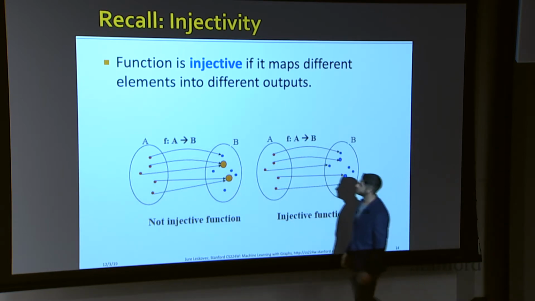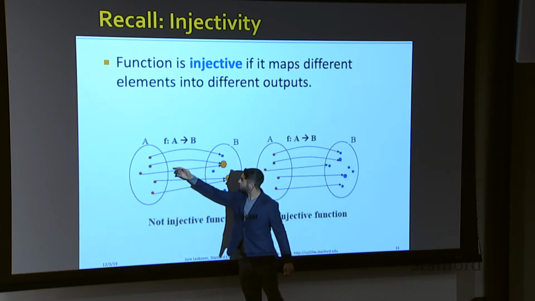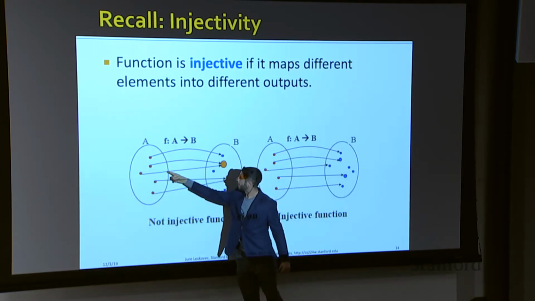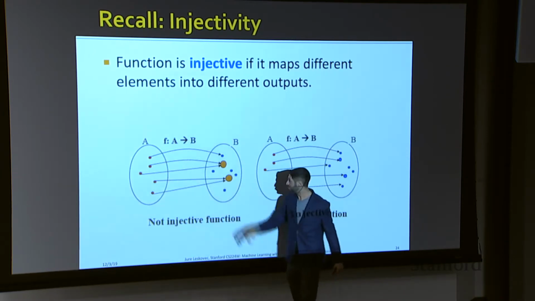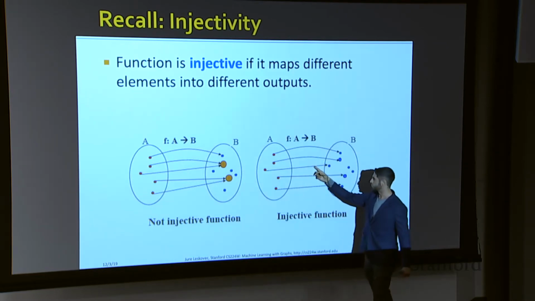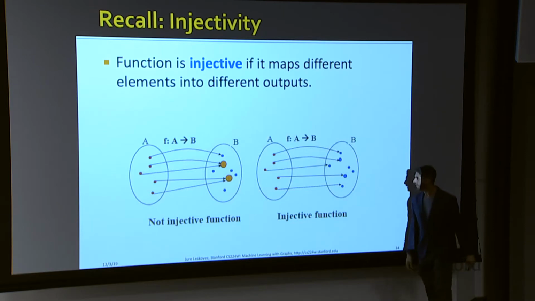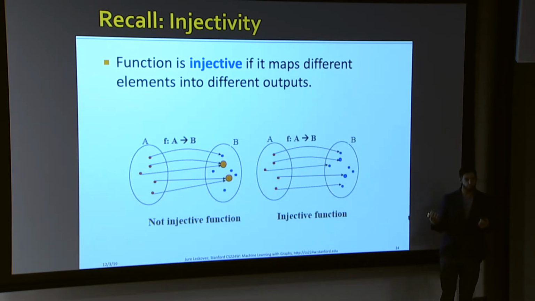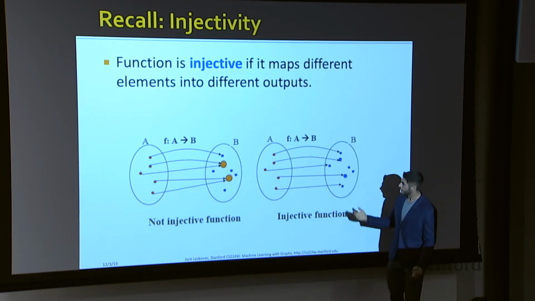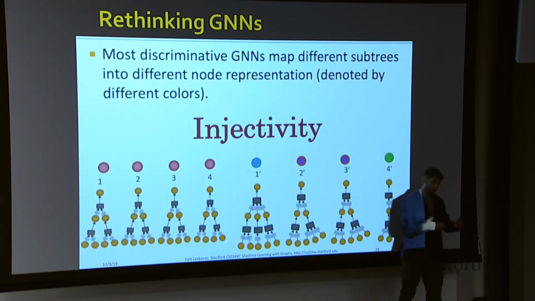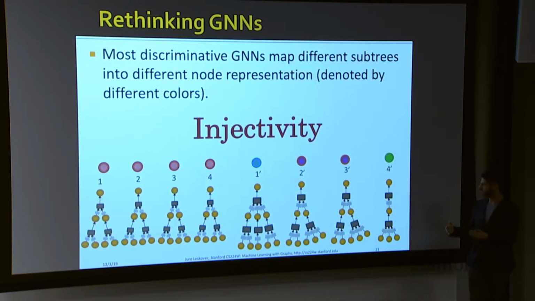As we see here, we go from domain A to B, and there are some elements that map to the same output, while in the case of the injective function, each element maps to a different output. And it's very intuitive why we want this property to hold, correct? If multiple nodes all map to the same output representation, then the GNN will not have enough discriminative power to understand if nodes are different or not.